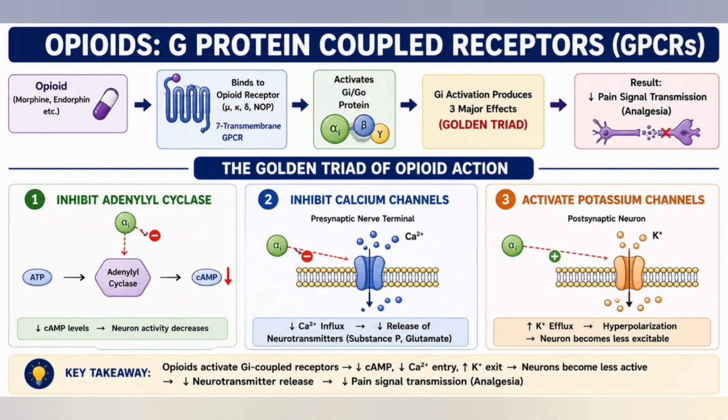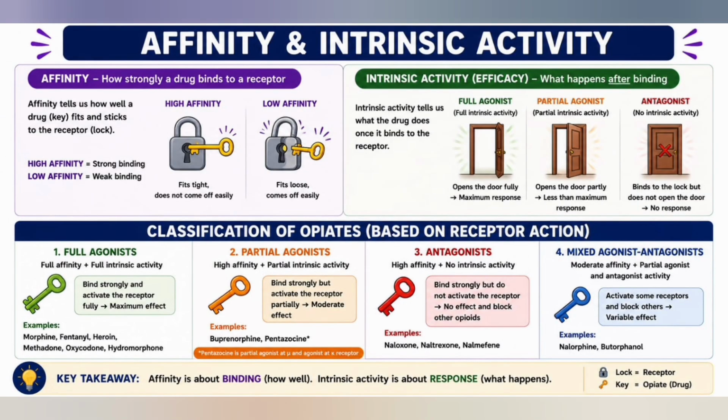So inhibition of adenylyl cyclase leads to less production of cyclic AMP, leading to decreased neuronal activity. Then it also inhibits the calcium channels at the presynaptic terminal. Less calcium influx means less release of neurotransmitters like substance P and glutamate. Thirdly, the activation of potassium channels at the postsynaptic neuron leads to increased potassium efflux. This causes hyperpolarization and the neuron becomes less excitable.